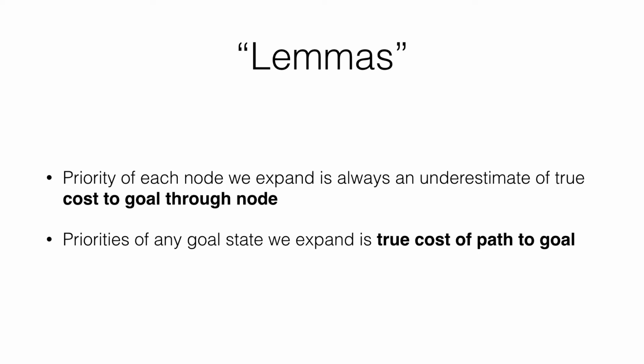And what that means, when you have these two properties, is that when we, by analogy, go shopping for the next state to expand, we're always going to have the option of either purchasing a goal state for its actual price or trying out an intermediate state for an underestimate of its actual price.